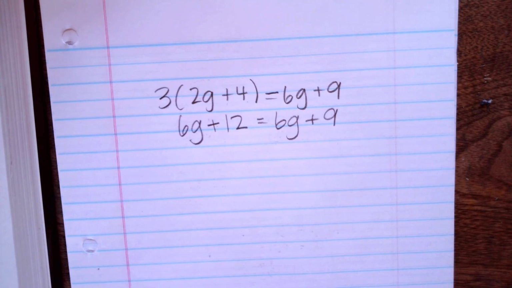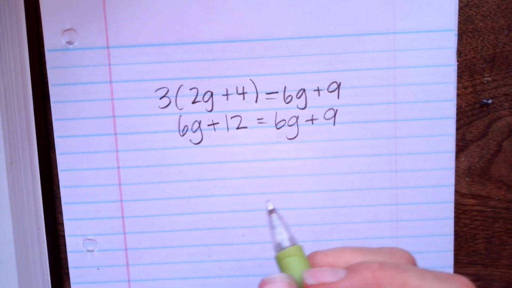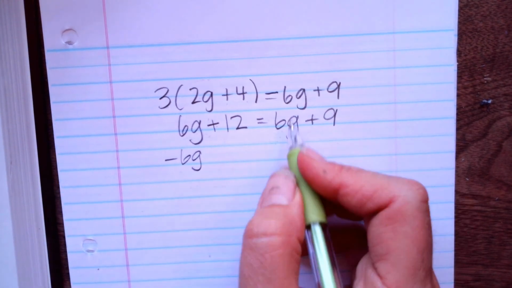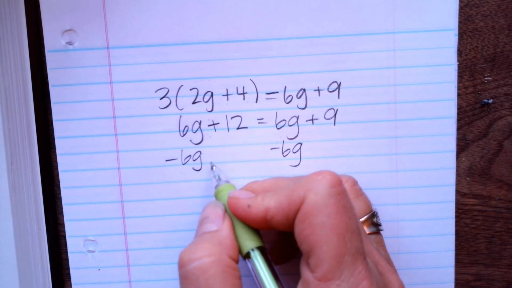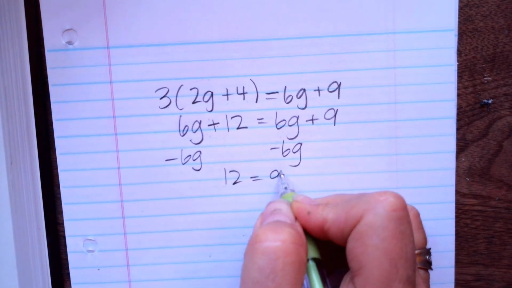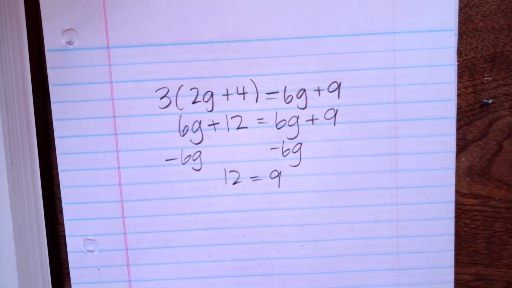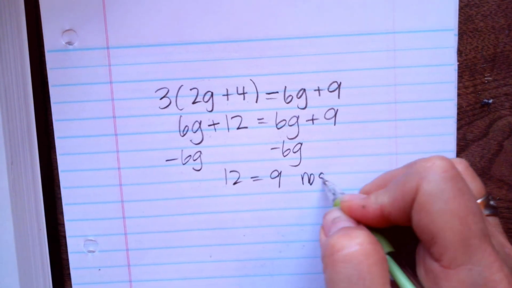So then you would have to subtract 6G from 6G, then it would cancel out. Yep. So in this case, we're left with 12 equals 9. That is not true. So it doesn't mean we did the problem wrong. It means no solution.